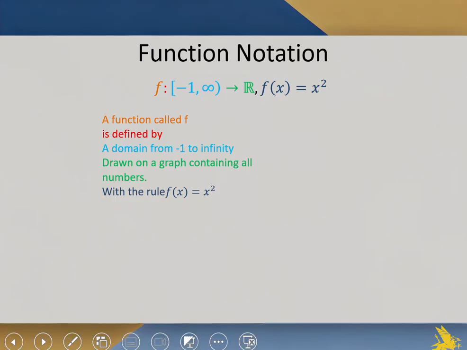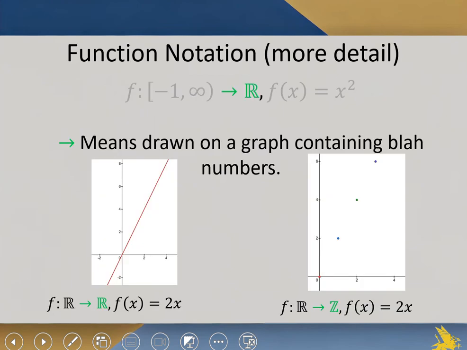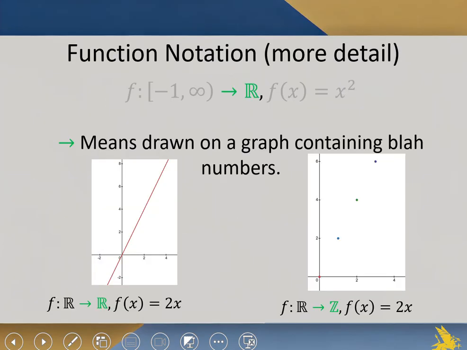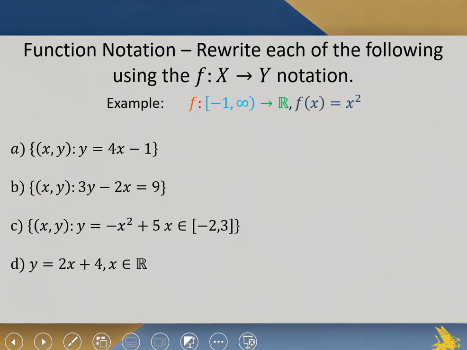F of x is equal to x squared. If we want to break it down further, R just means it's real numbers. So if I look at this, it's going to be grouping it fully, whereas Z is just those integer points.